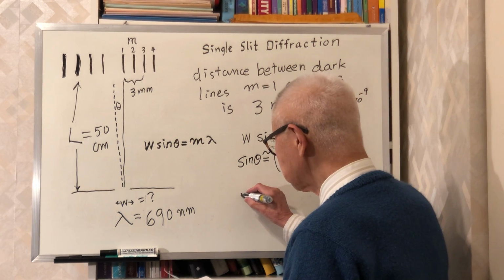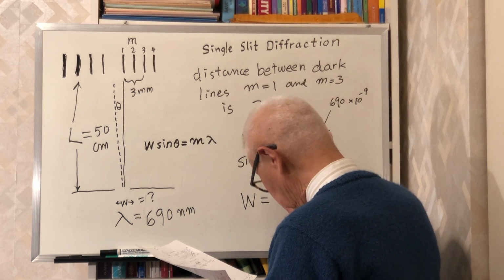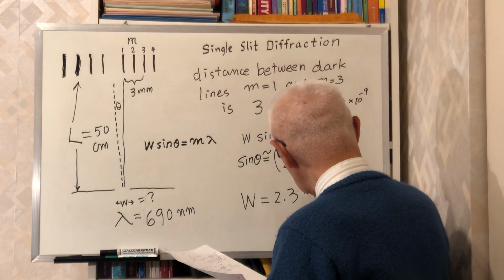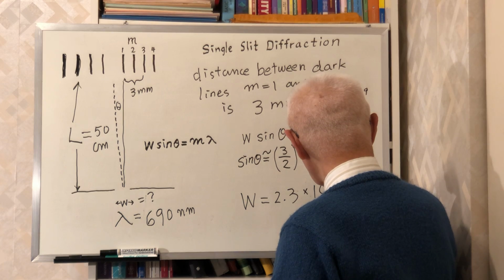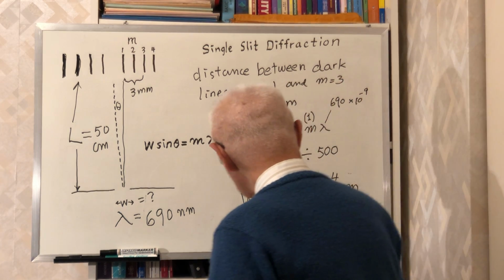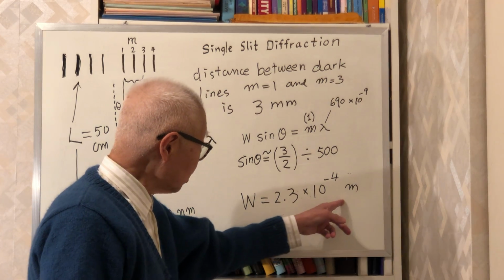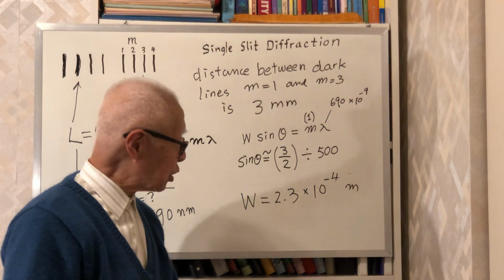So W, the width, is this much. So you can convert it to millimeter.